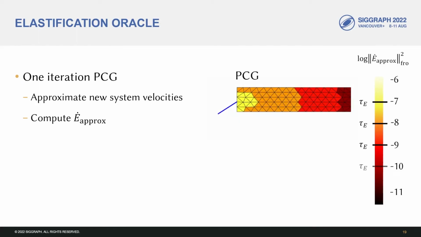In this example, we can see color-coded regions that would elastify based on 4 selected thresholds. Here, the blue line is a small force applied at a vertex. With the force applied at different vertices, the oracle appropriately identifies local regions of elastification, small or large, based on the threshold.